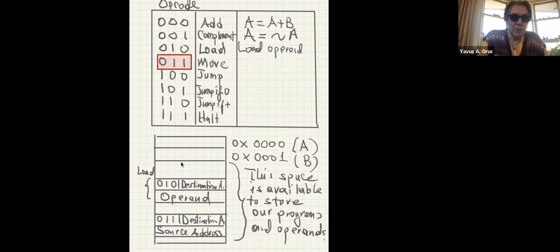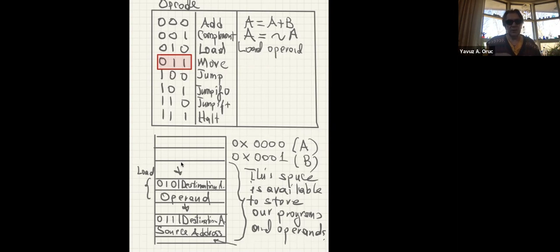Whereas the load instruction has a destination address that is glued to the opcode, the move instruction has a destination address just like in the load instruction, but its second 16 bits carry an address, not an operand as in the load case. This is what separates these two commands from one another.